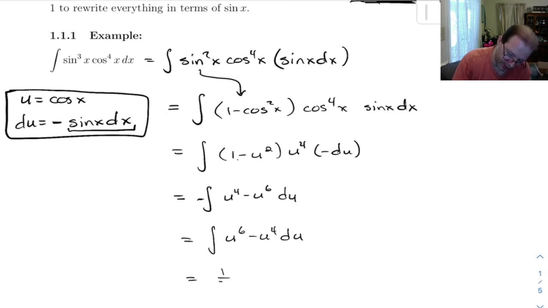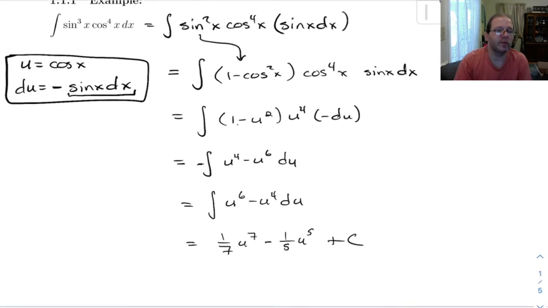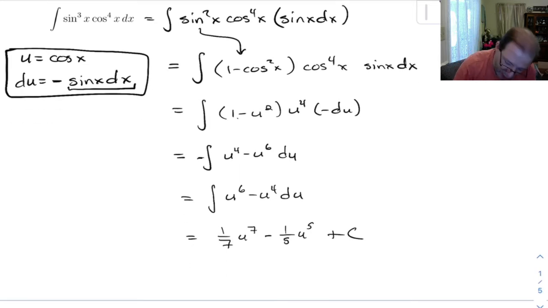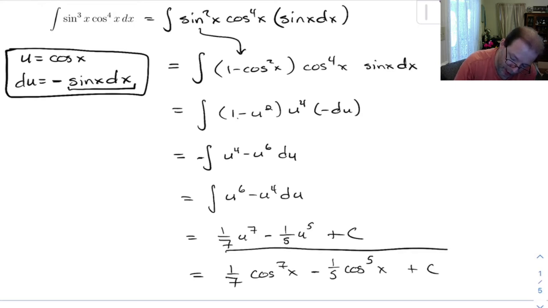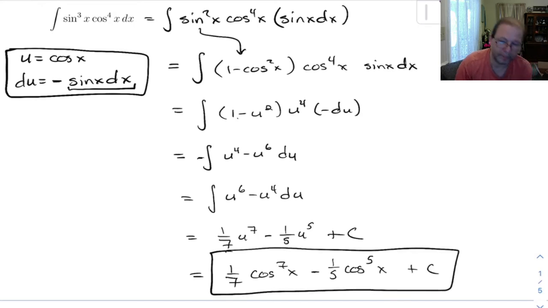So this is going to be 1/7 u to the 7th minus 1/5 u to the 5th plus c. And I'm practically done. I just have to replace each of those u's with the cosine. So 1/7 cosine to the 7th x minus 1/5 cosine to the 5th x plus c, and I'm done. And that's all there is to it.